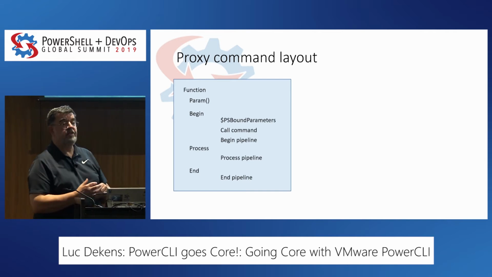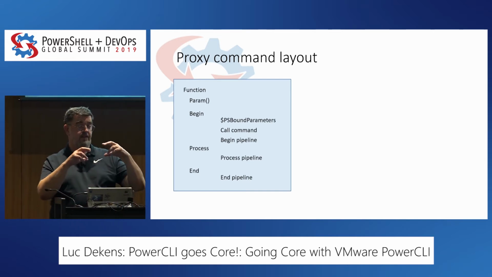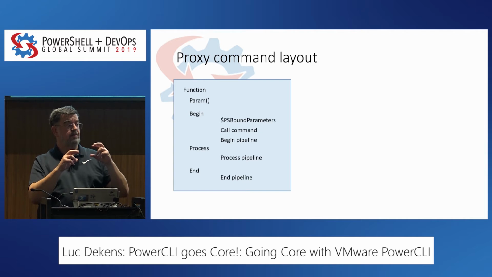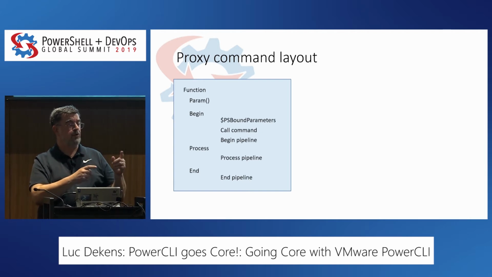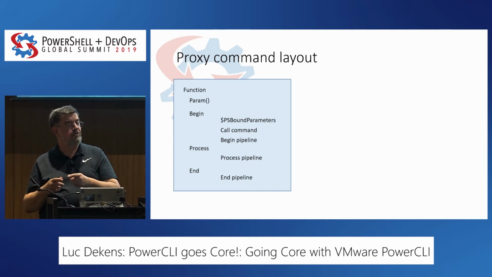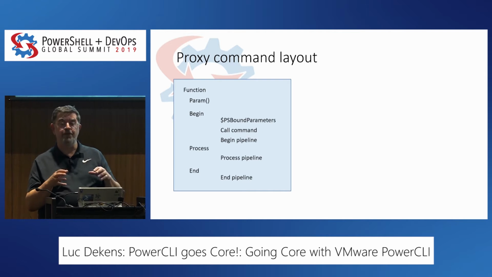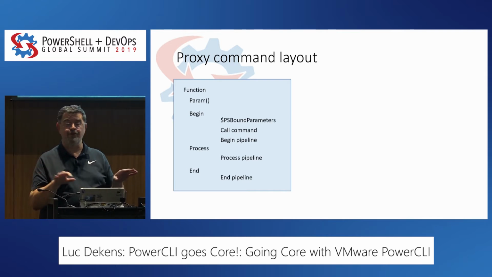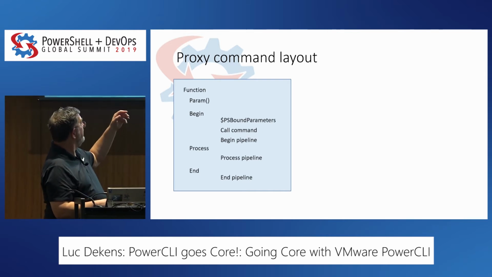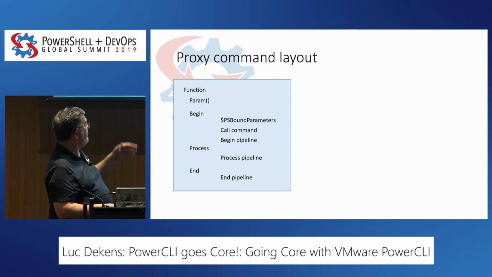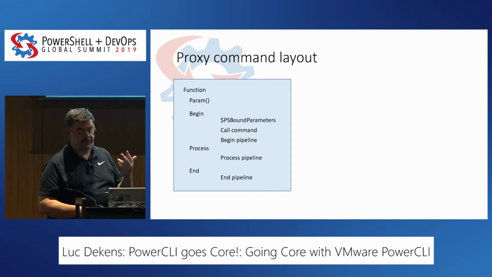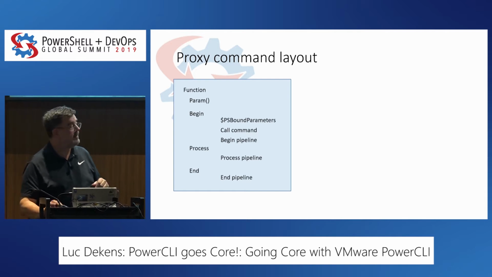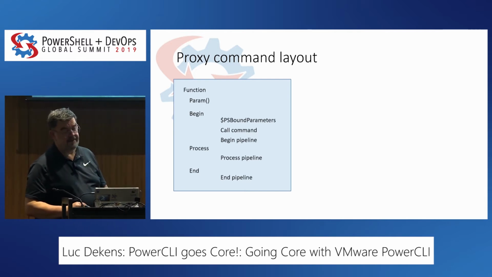The second thing is there is this call command. Once they've passed that PSBoundParameters adaptation, they will call the original command. Now, you don't have to do that. If you want to replace the commandlet completely with your code, you just don't call it. If you call it, it starts up a pipeline, and then you have the classical three steps in a pipeline: the begin, the process, and the end.